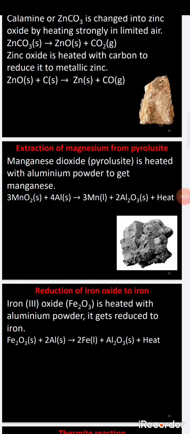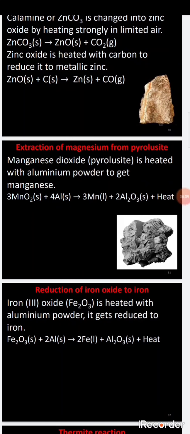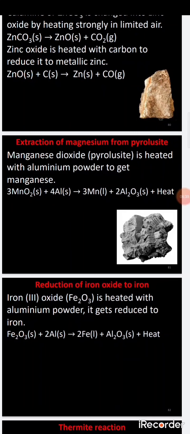Here the metal produced in the molten state is manganese. So manganese dioxide, also called pyrolusite, is extracted by heating with aluminium powder to get manganese, and the heat evolved is so large that the metal is produced in the molten state.